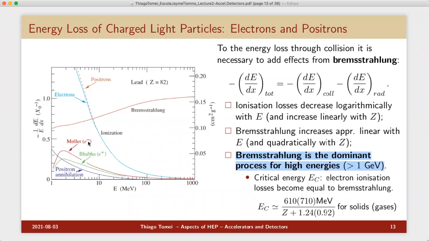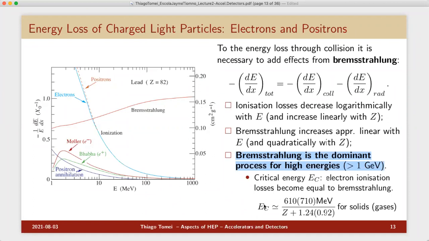It's subtly different for electrons and positrons, but it doesn't matter. There are other processes at very high energies, but they are not that relevant. And you see here that there is a critical point in which ionization starts losing out to bremsstrahlung.